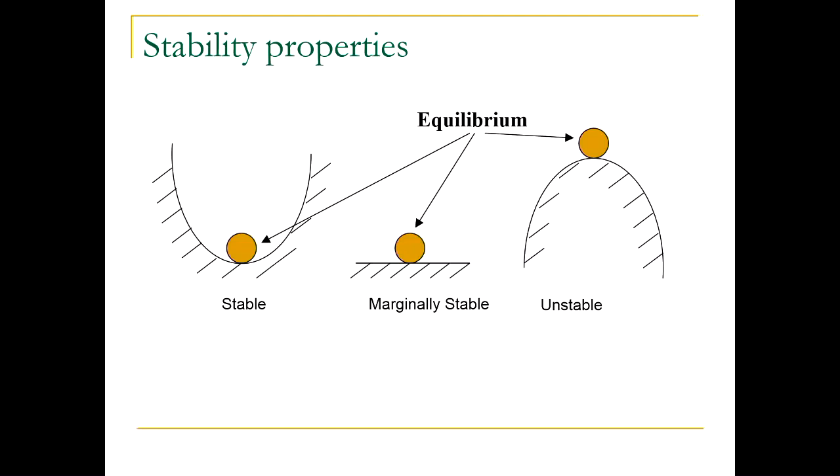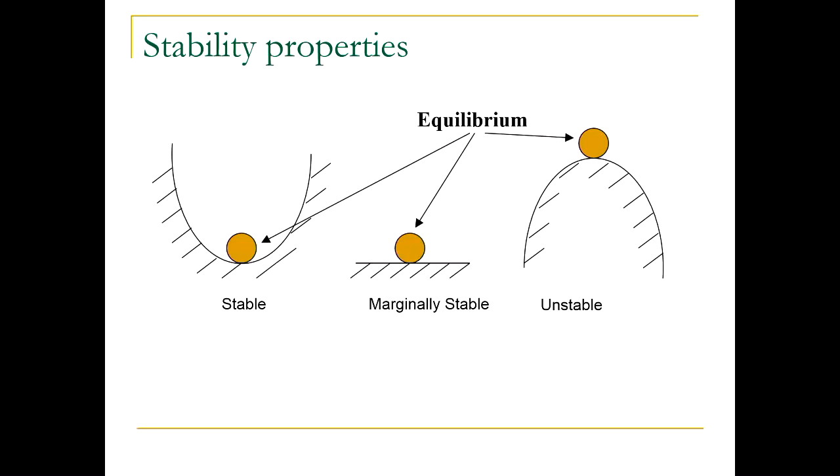If you think about these equilibria, we can talk about their stability properties. This one, in the sense of the definition I presented, is stable, because if I put the ball here and leave it to itself, with no forces or inputs acting, it will oscillate if there is some friction and come back to the equilibrium at the bottom.